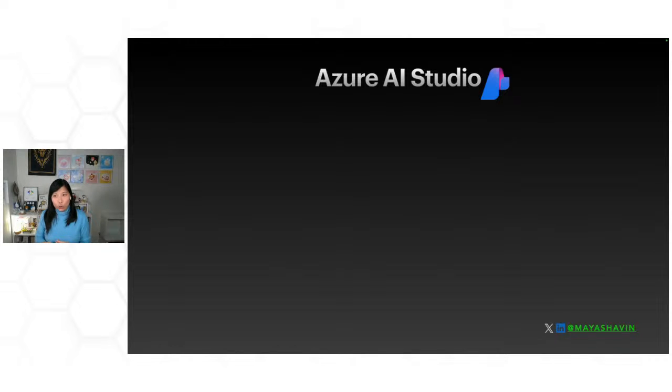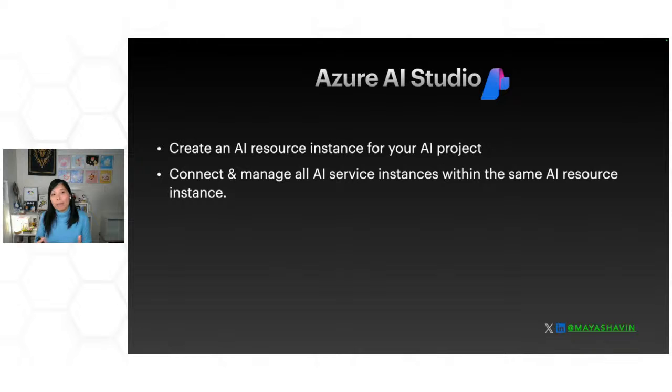What is Azure OpenAI Studio? Azure OpenAI Studio is a platform that allows you to create an AI project easily, creating the resource instances tied to your AI projects, which allows you to connect and manage all the AI service instances in the same platform, in the same place. You can also manage the deployment and settings for the Azure OpenAI directly without going to Azure OpenAI Studio or the Azure Portal separately.